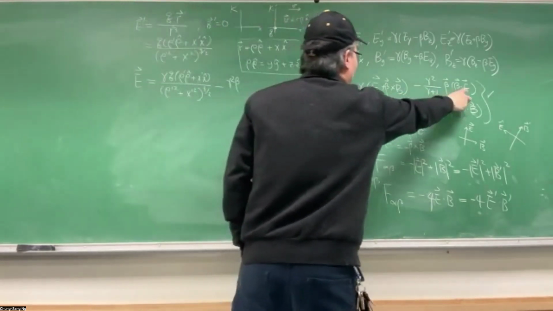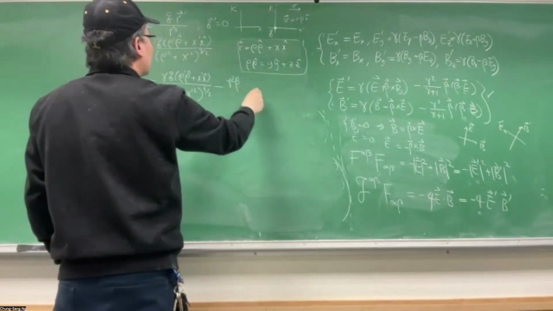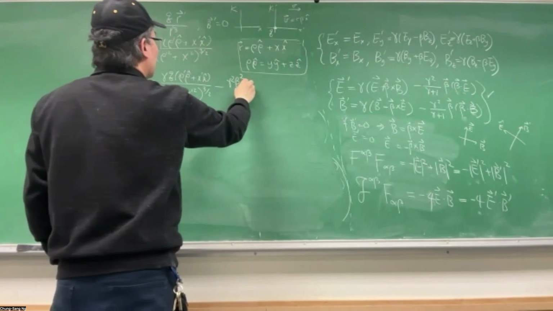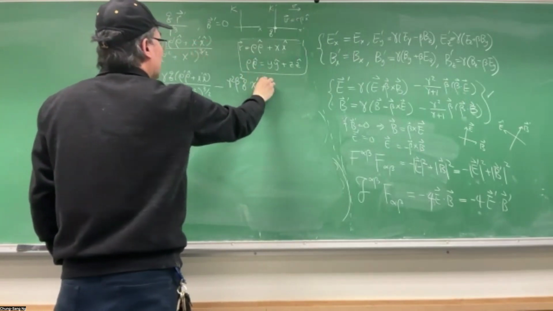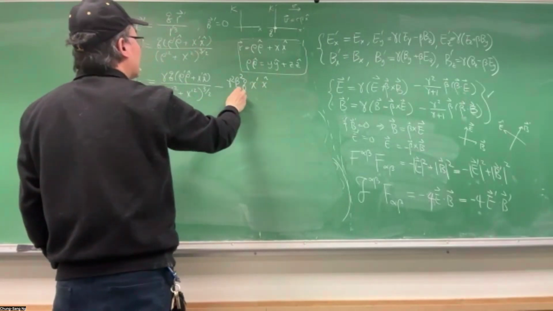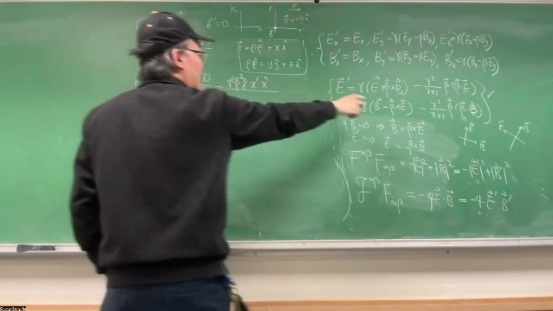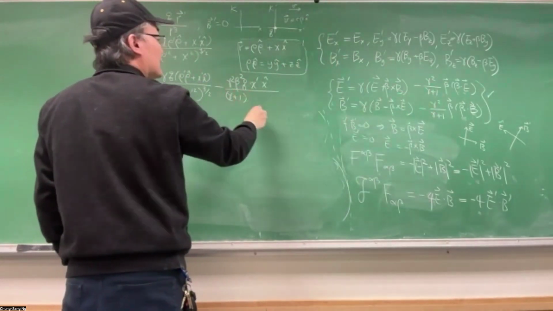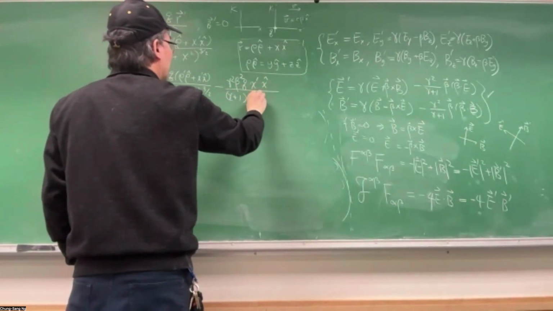And then this is beta dot E, so also beta in the x direction, beta squared. And we also have a Q and x prime, in the x direction. And the rest is the same. Oh, you have the gamma as well, and then the rest is the same.